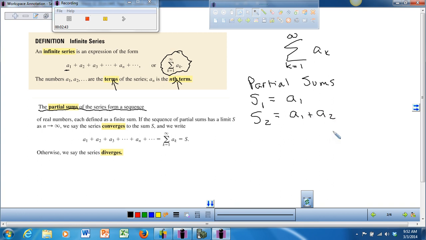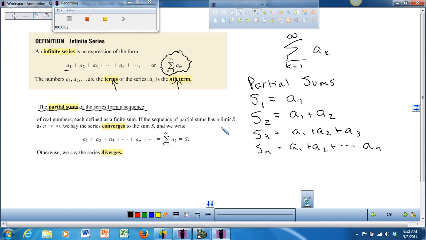These are called finite sums because they stop. They don't continue on forever. S sub 3, obviously a sub 1 plus a sub 2 plus a sub 3. And s sub n would be a sub 1 plus a sub 2, continuing up to a sub n.